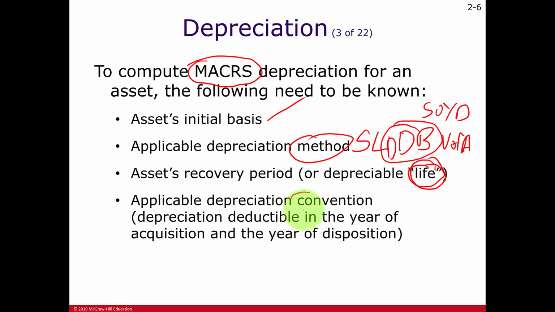Whenever you hear the word convention, there's a special calculation for depreciation in the year that you buy or acquire the asset, and in the year you dispose of it. Convention is not like the conference convention where you hear music and people speaking. Convention just means rules: the special rule when we acquire the asset and when we dispose of the asset. What are the additional calculations we have to do?